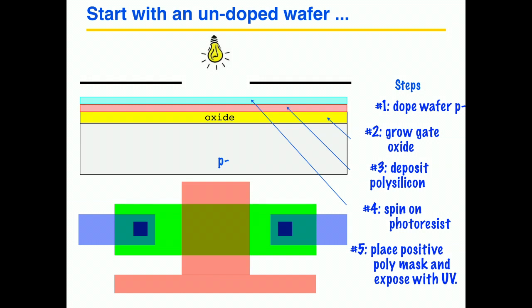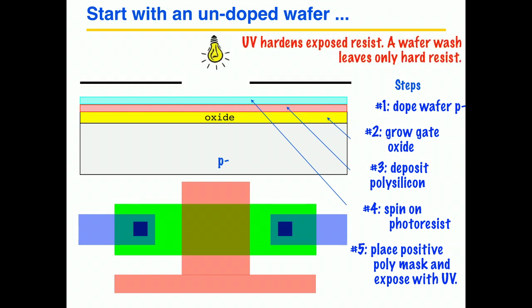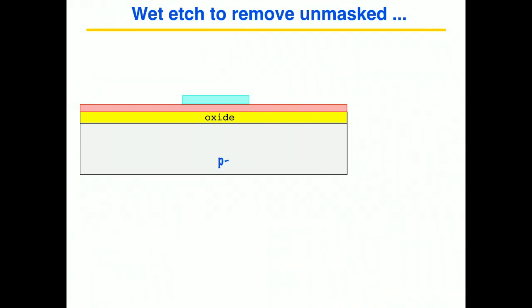The photoresist is sensitive to the light. It's a UV light, and it hardens the exposed photoresist in places where it sees the light. Where it doesn't see the light, it can get washed away with some kind of solvent. So it leaves this here.